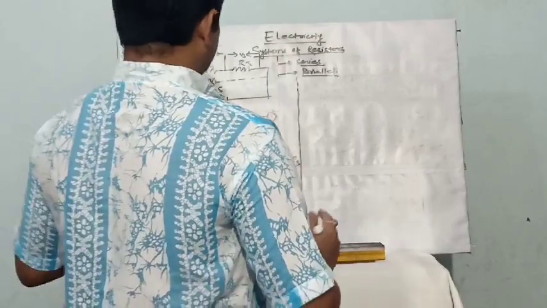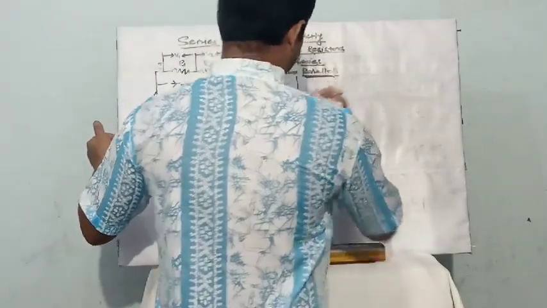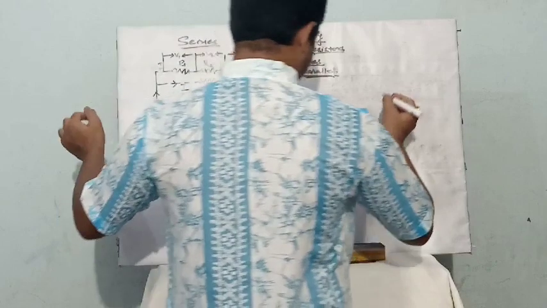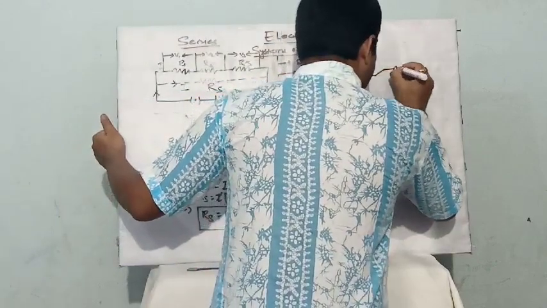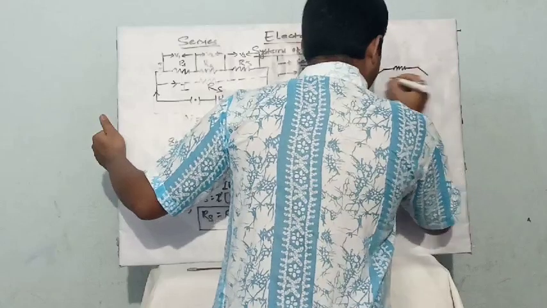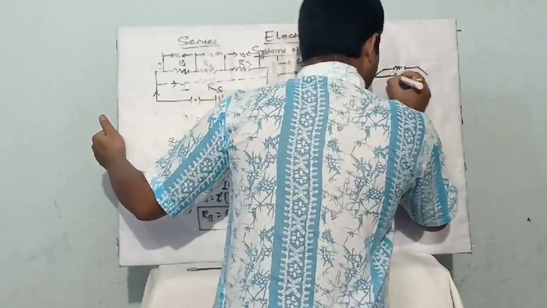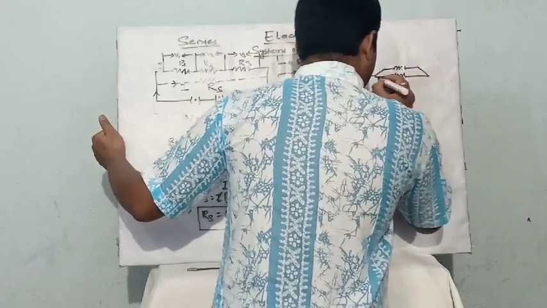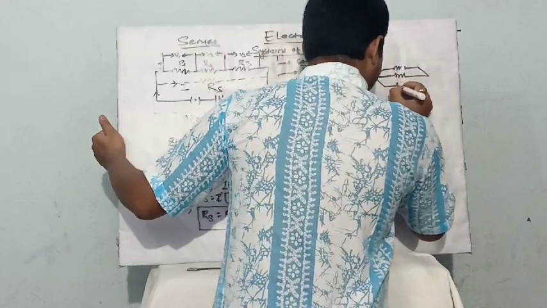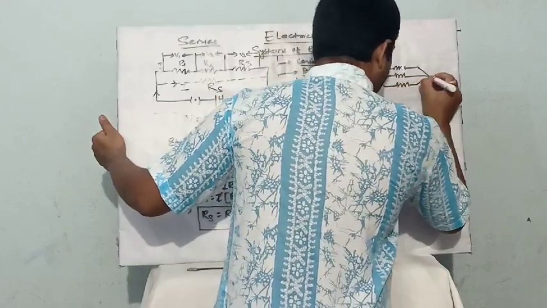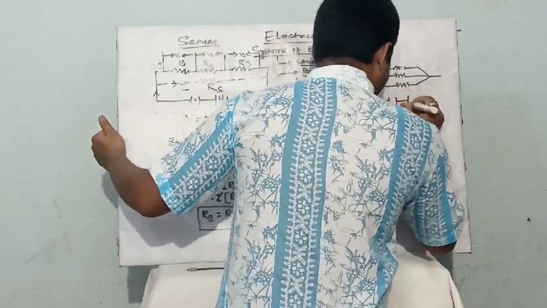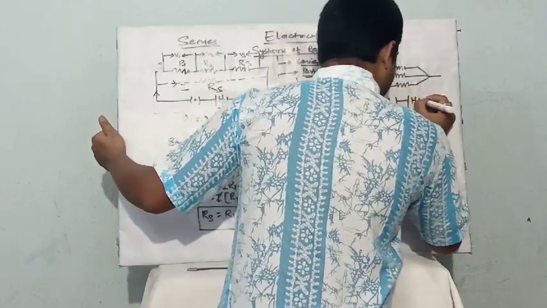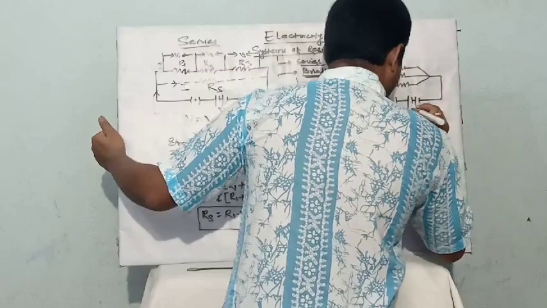Now we will discuss the parallel combination. In case of parallel combination, just see here, they are connected to the cell across the V board.